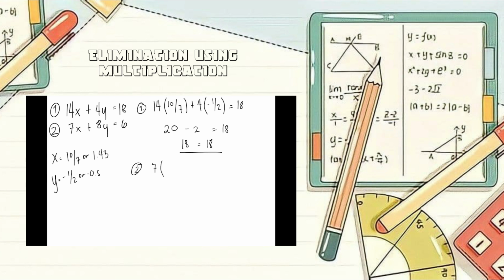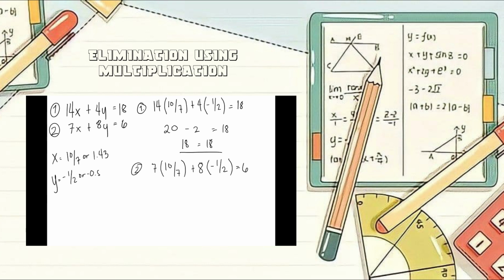So 7 times 10 over 7 plus 8 times negative 1/2 equals 6.